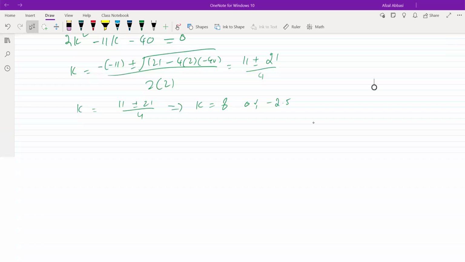All right, so we got the values of k, everything is fine. So it's 8 and negative 2.5.